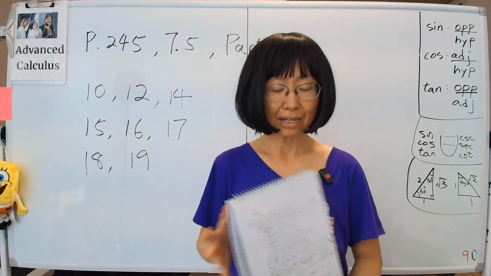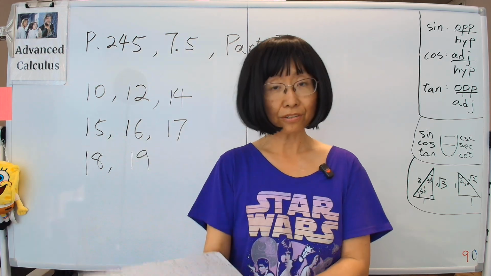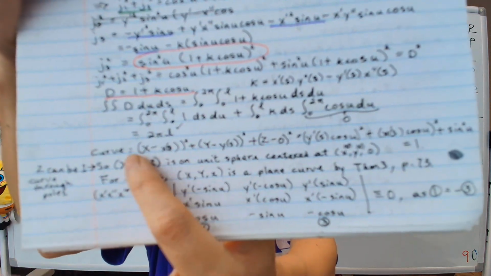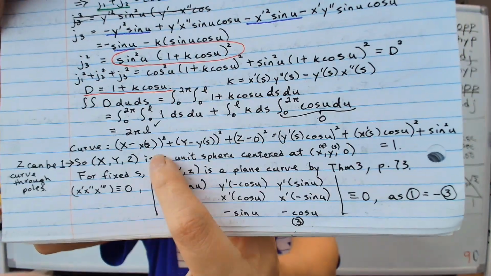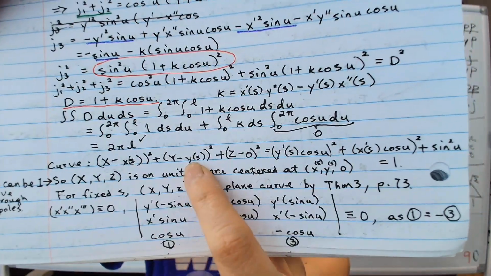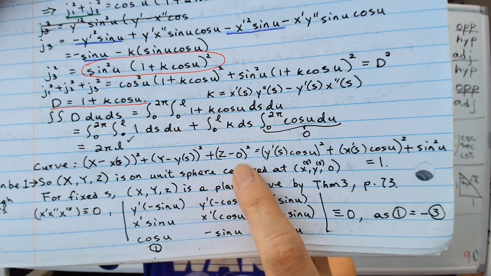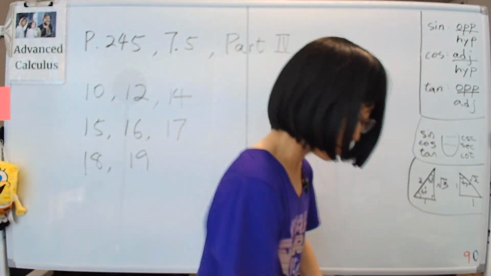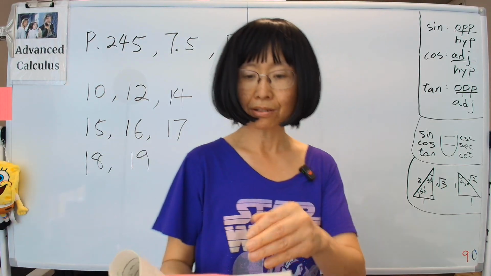That's not the surface itself. Now the surface is the big xyz, and if we were to calculate big X minus x of s, big Y minus y of s, and big Z minus 0, plugging in the original formulas we are given, okay?